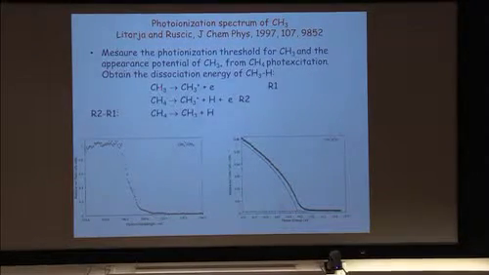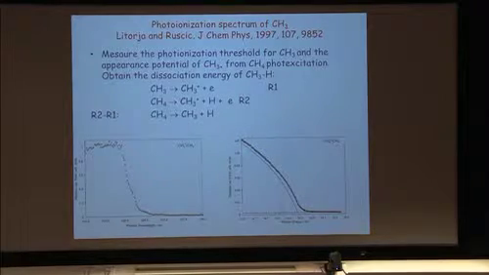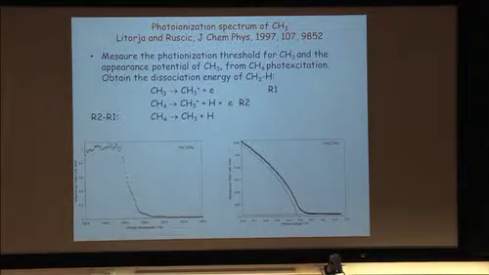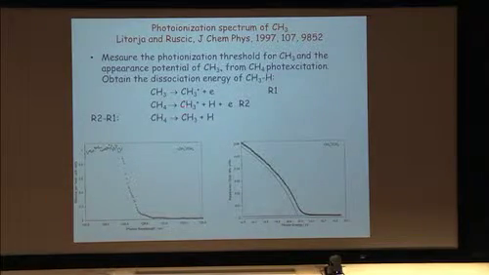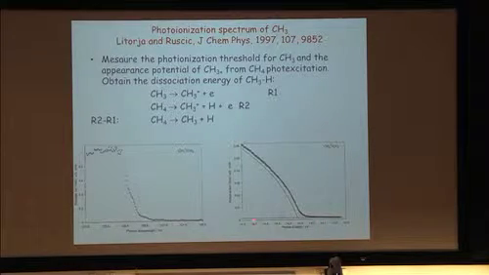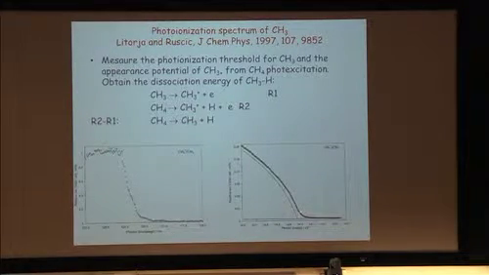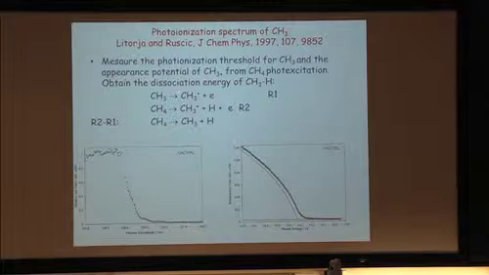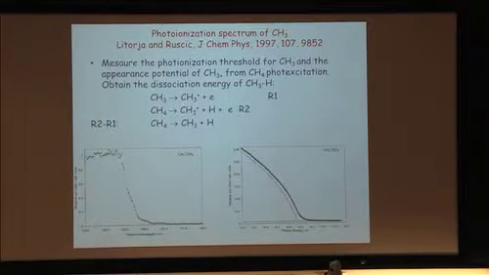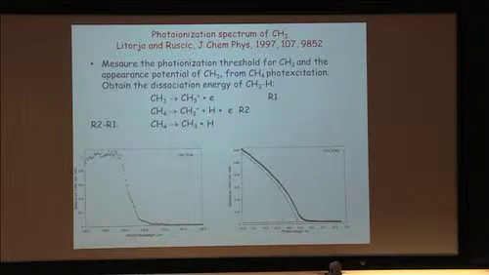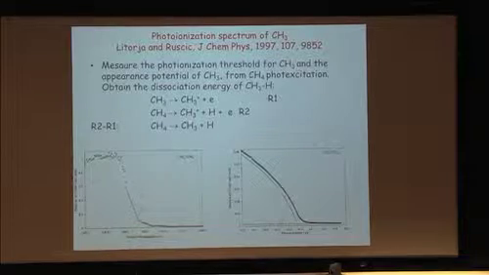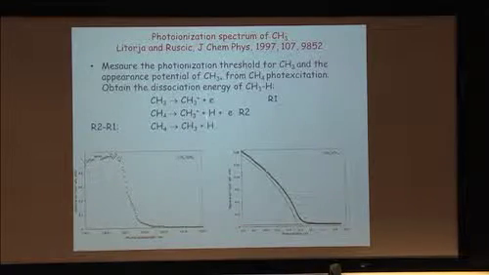You can do the same thing for methane, except now this is dissociative ionization. So you're looking again for the methyl radical as you increase the photon energy. And when you see the ion of methyl, what has happened is this process here, where it's dissociatively formed the ion plus the hydrogen atom plus an electron.